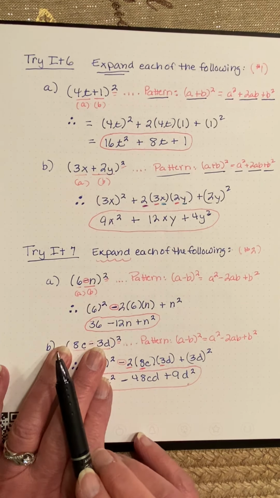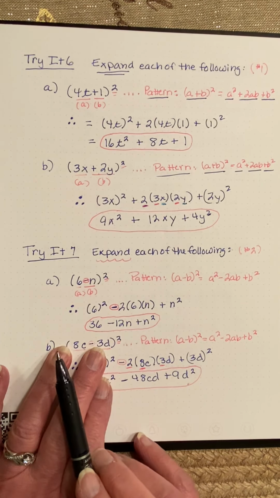So anyway, therefore, 6 squared is 36, I'm just going to keep the minus sign right here, primarily because I have negative 2 times 6, which is a negative 12n, and then n squared, and there I go.